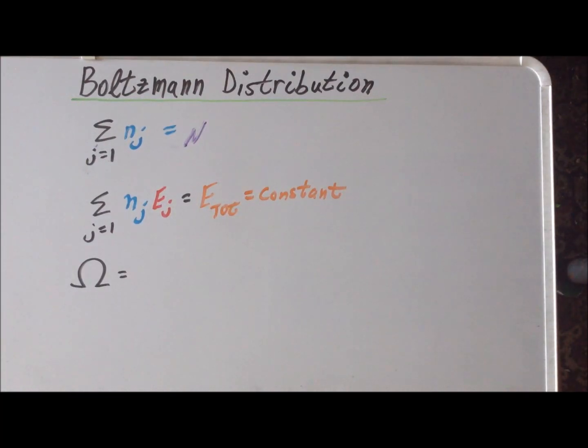As we might imagine, there can be many different ways of arranging the energy among these identical systems such that the total energy remains constant. The symbol that we're going to use for the number of different ways of distributing energy throughout these systems is omega. We may have seen this before in discussions of entropy and also in evaluating the number of microstates for electron term symbols.